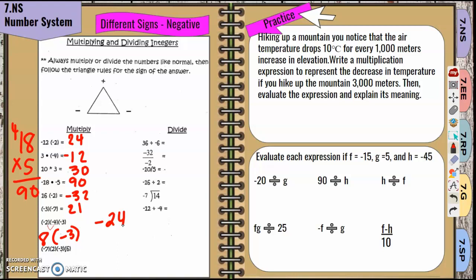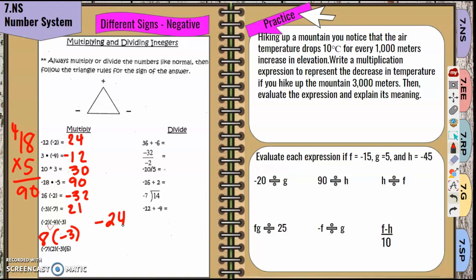When I have four numbers, the commutative property says it doesn't matter what order I multiply. I can multiply in any order and I'm going to get the same answer. So what I like to do is find easy numbers to multiply or find signs that are the same to multiply. Because I know if my signs are the same, then my answer is positive.